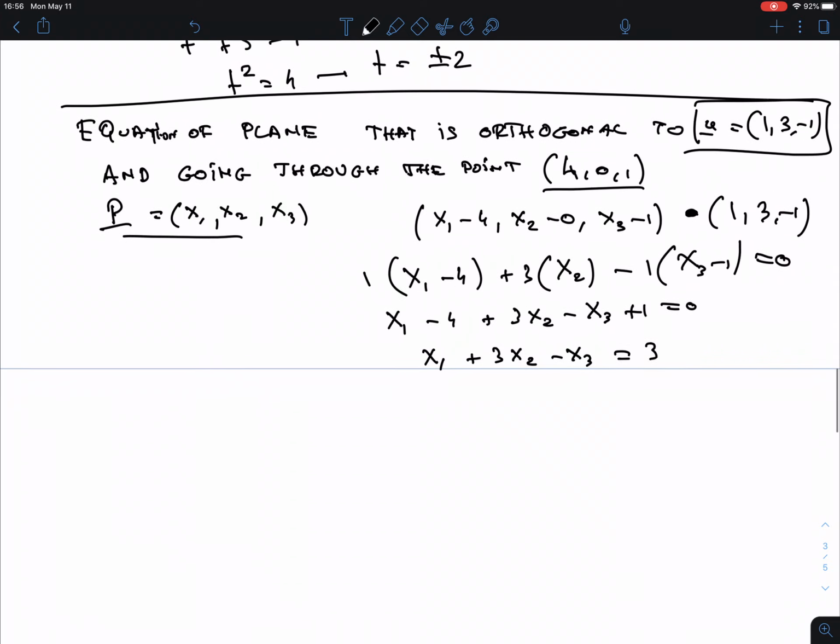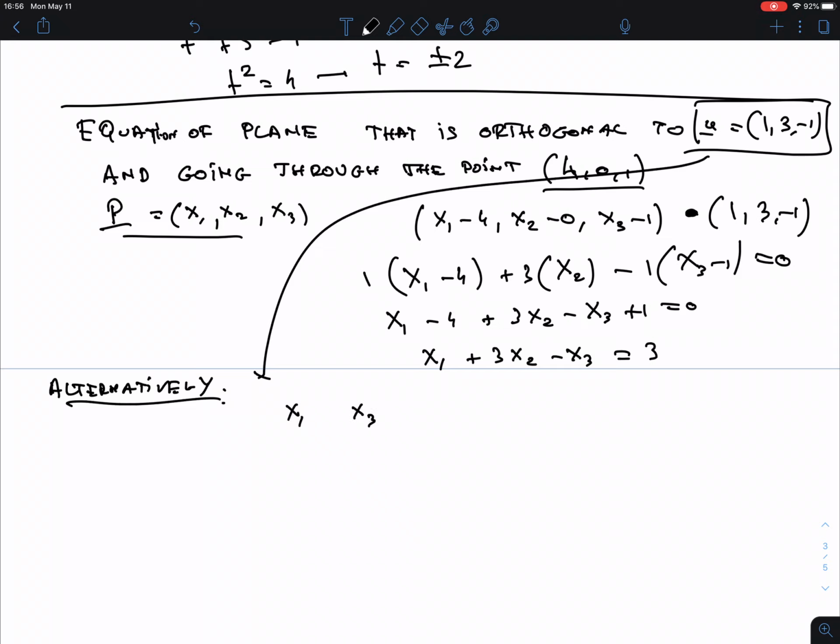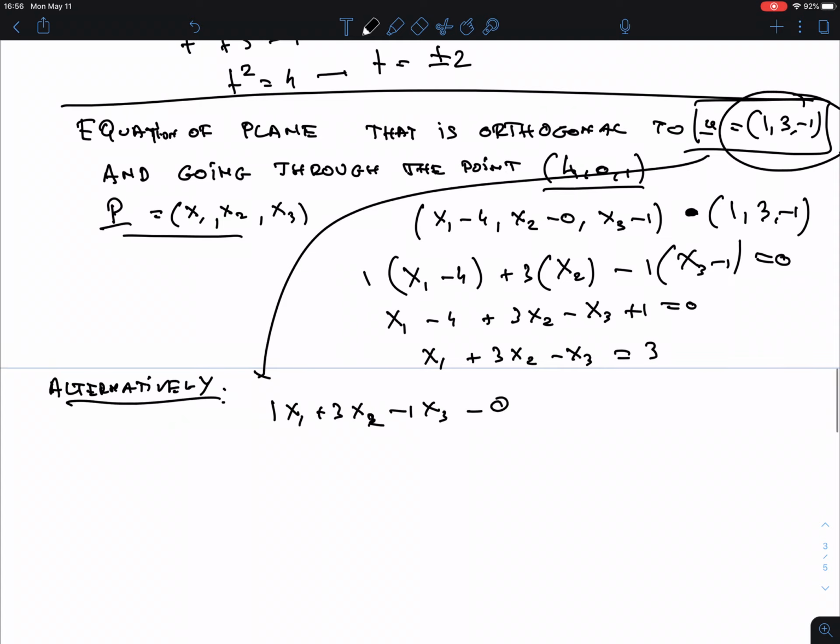Alternatively, we can do this much quicker. If this is what we call the normal vector, we know that these are the coefficients of x1, x2, and x3. So the coefficients are 1, 3, and negative 1, and these coefficients equal 0.